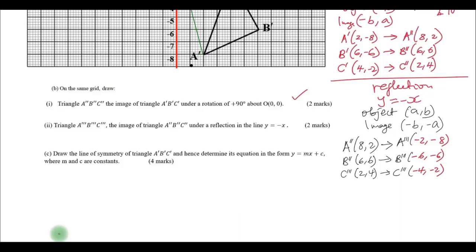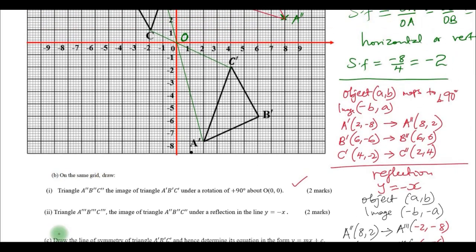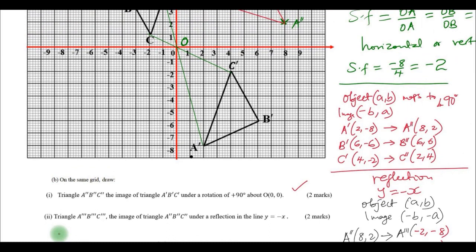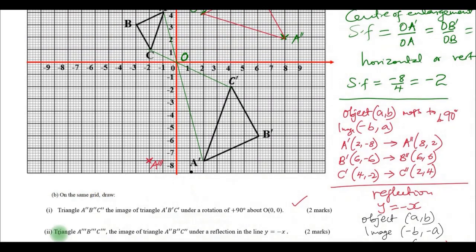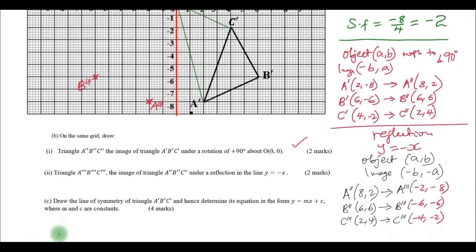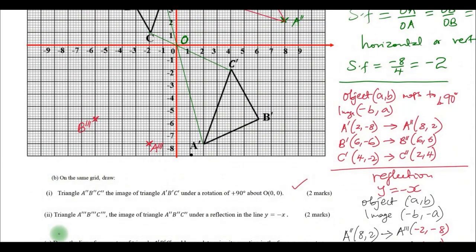Then you can plot the coordinate points. So A triple prime is (minus 2, minus 8). So that is A triple prime. Then we have B triple prime (minus 6, minus 6). So that is B triple prime. Then C triple prime, that is (minus 4, minus 2).